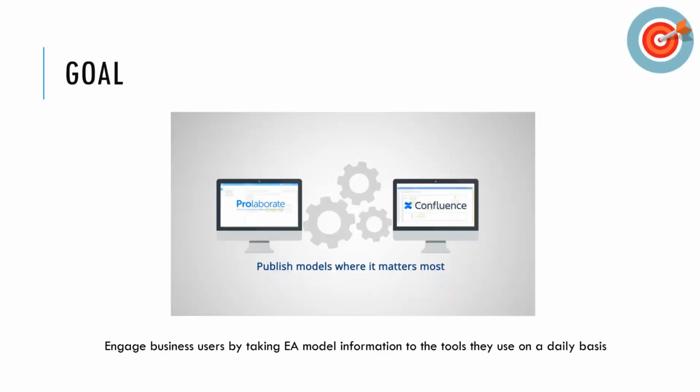And what's the goal of this? That's the context or the problem we are trying to solve. What are we trying to achieve with the Confluence integration? It's not just that you were copy pasting and now you won't. It's about engaging the business users or the right stakeholders in an easier way. It's easier for the modelers to share information.